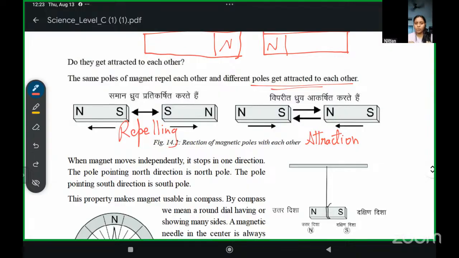They test this attraction and repulsion, and then they will know if it is a north pole or south pole. So at that time they test this and find out about your north pole and south pole.